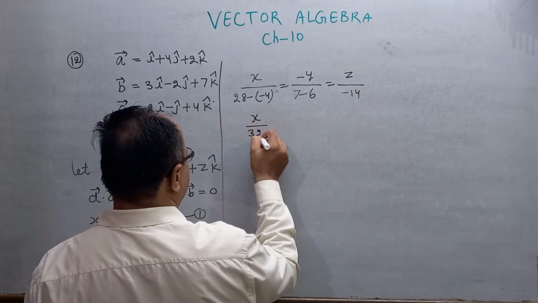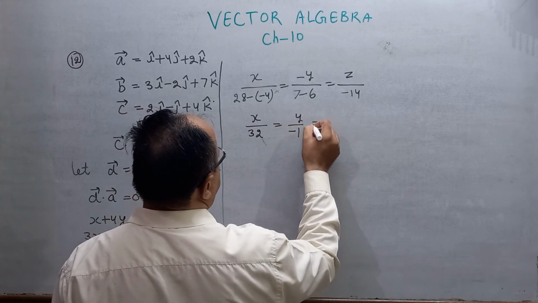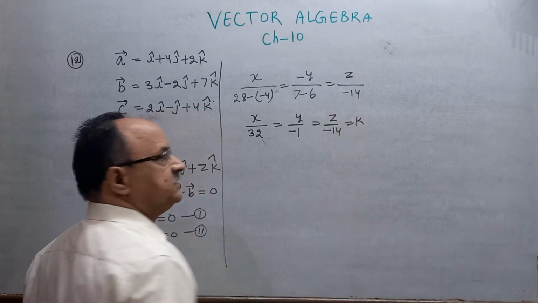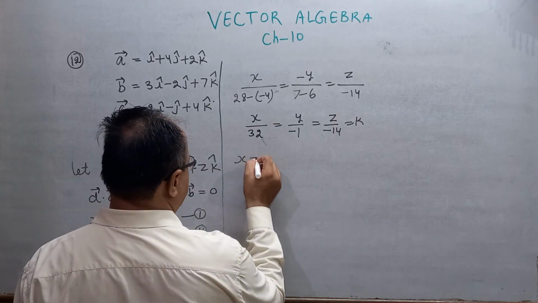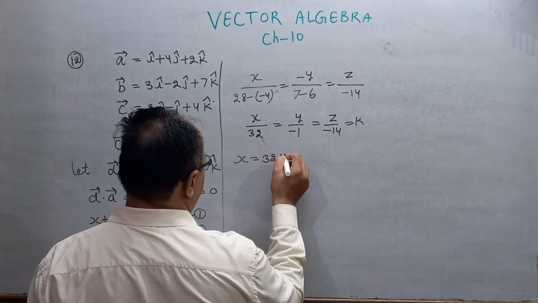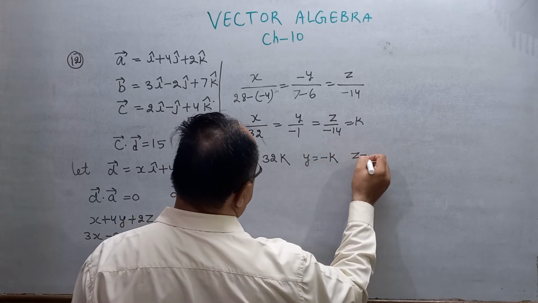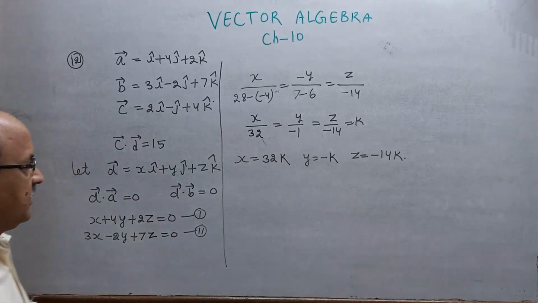x upon 32, y upon minus 1 and z upon minus 14. Let this be equal to k. Therefore the value of x is 32k, value of y is minus k, value of z is minus 14k. Correct.